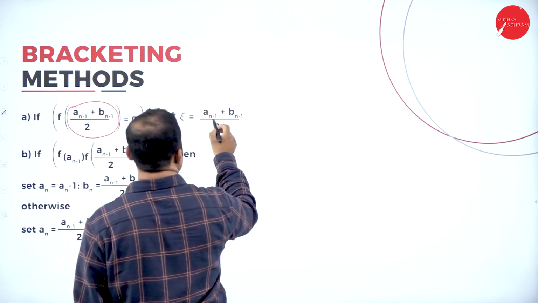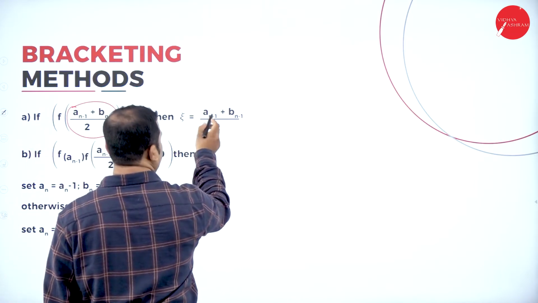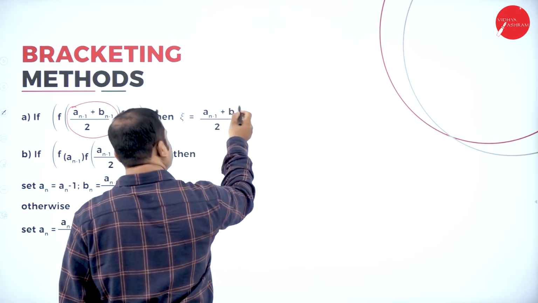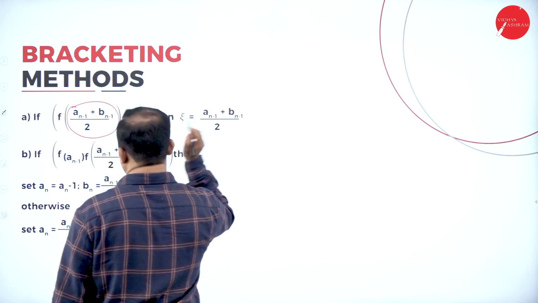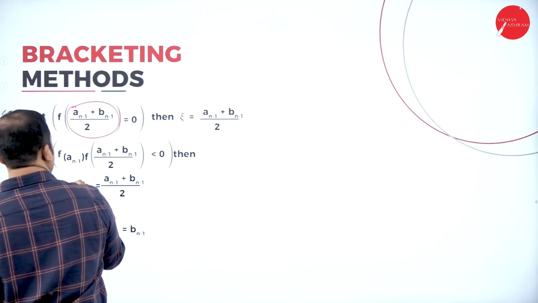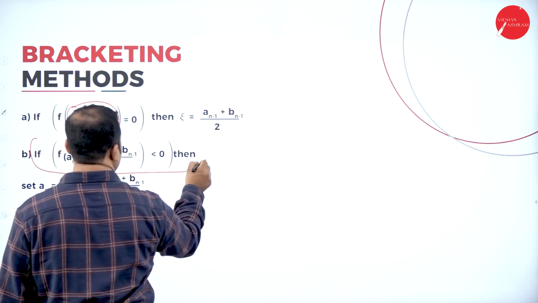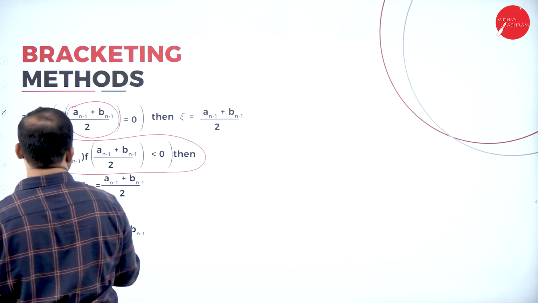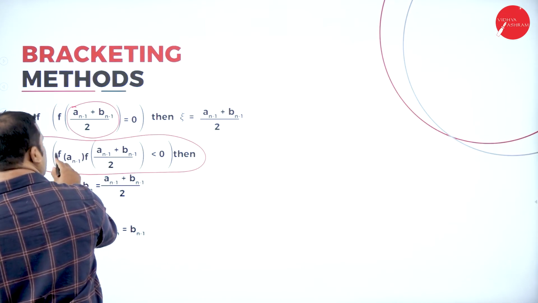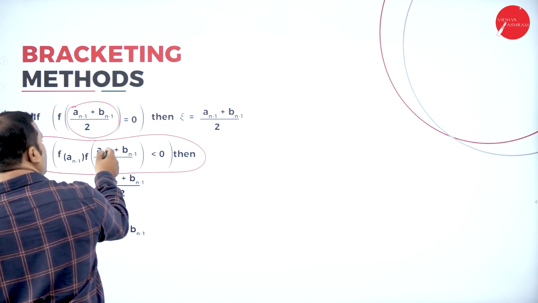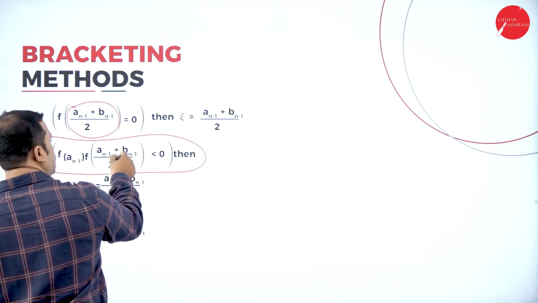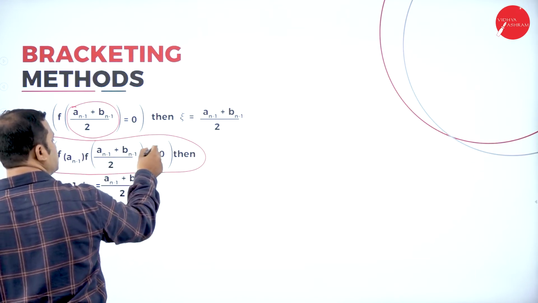Then we say that zeta is equal to a n minus 1 plus b n minus 1 divided by 2. Then we have one more if condition, for finding the decisions. That is f of a n minus 1 into f of a n minus 1 plus b n minus 1 divided by 2, which is less than 0.